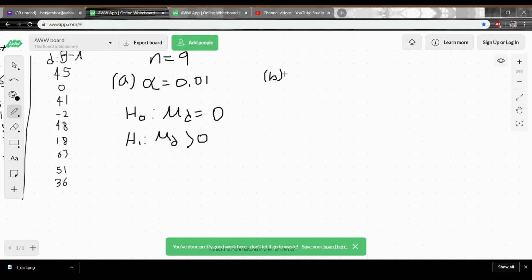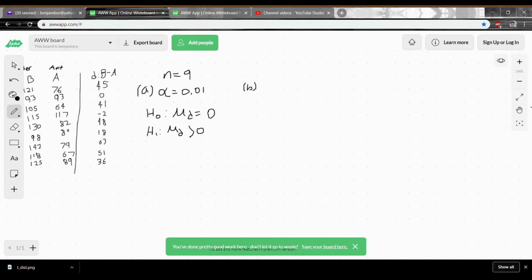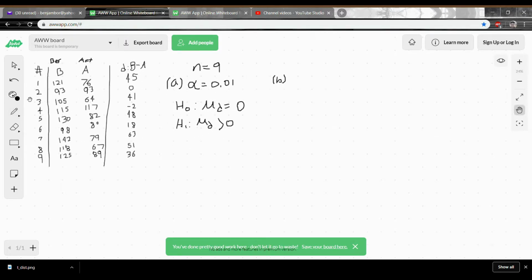In part B, if we can assume that D has a normal distribution or simply has a mound-shaped symmetric distribution, then basically we're trying to determine the D bar, the mean of the differences, the standard deviation of the differences, and the test statistic. So D bar is just going to be the average of all of these values.